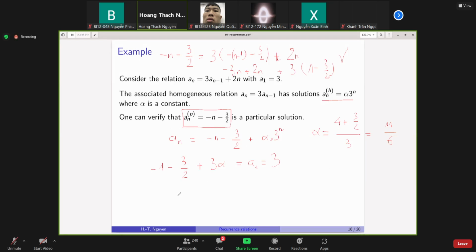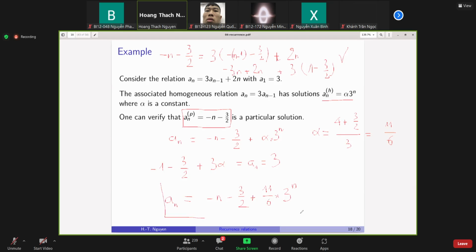So the general term for the solution for this equation with this initial condition is a_n equal to minus n minus 3 halves plus 11 over 6 times 3 to the power n.